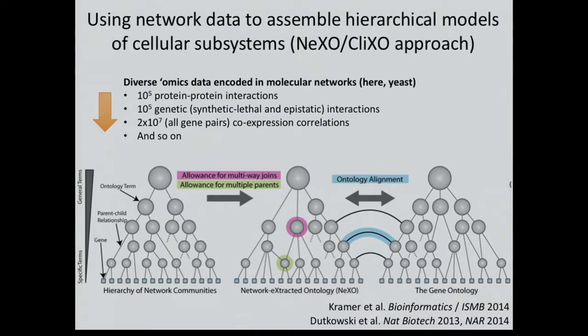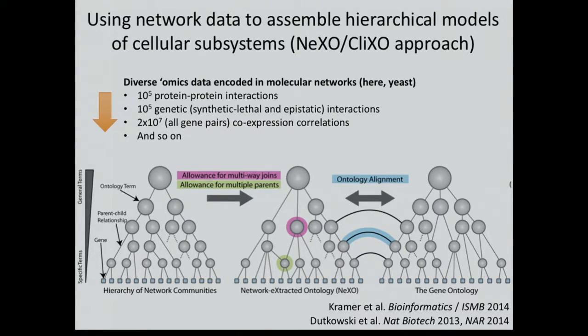Now, having done that, we have a data-constructed hierarchy versus the literature-curated gene ontology. And note that Go has not been used to construct this hierarchy at all. However, having constructed the hierarchy, one can now use it as a reference against which to align the data-driven object.